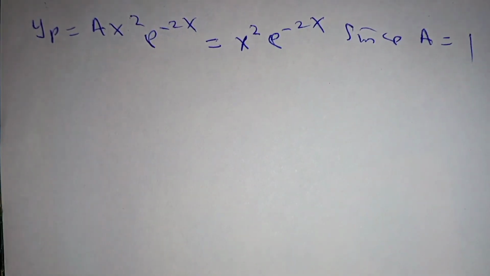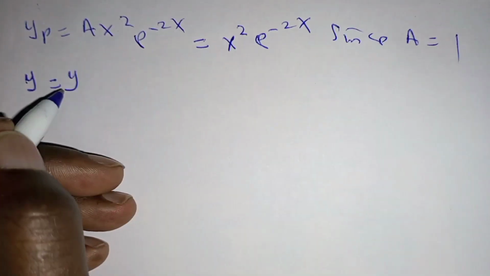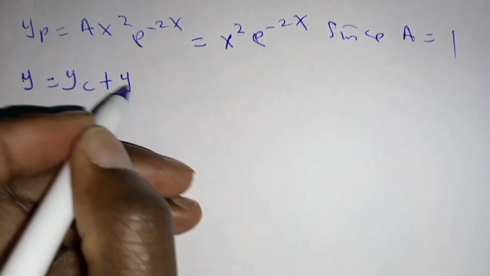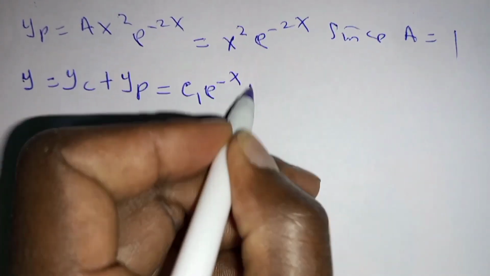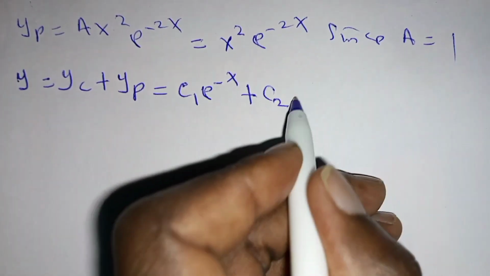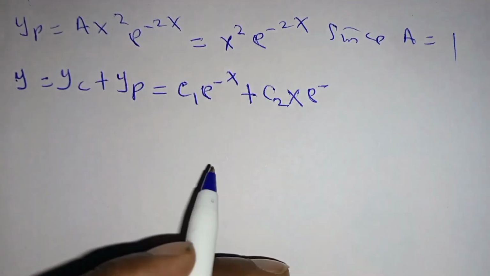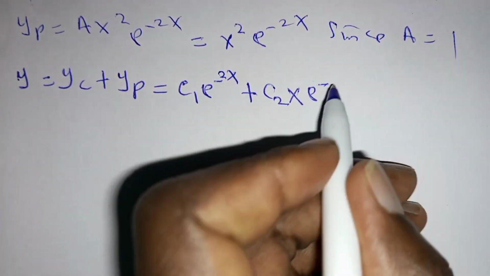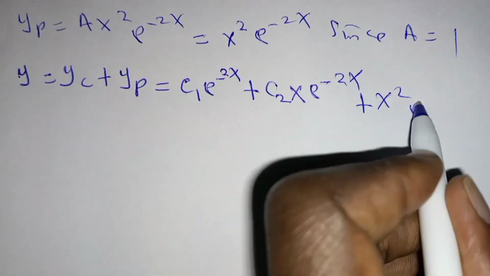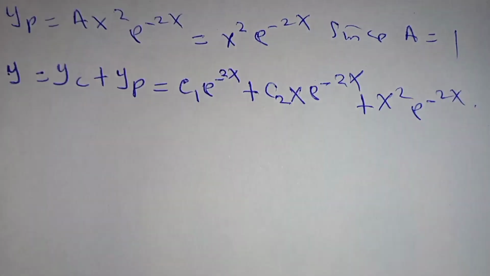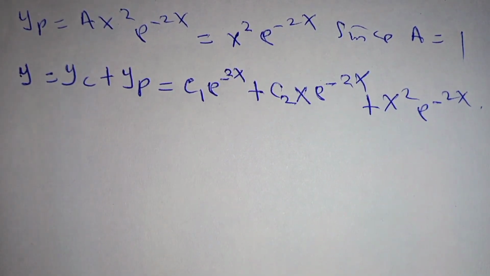So our general solution, y, is equal to y complementary plus y particular, which is equal to c1 exponential negative 2x plus c2 x exponential negative 2x plus x squared exponential negative 2x. So that is our general solution of the given ODE.